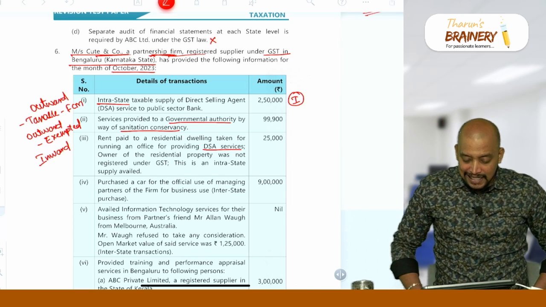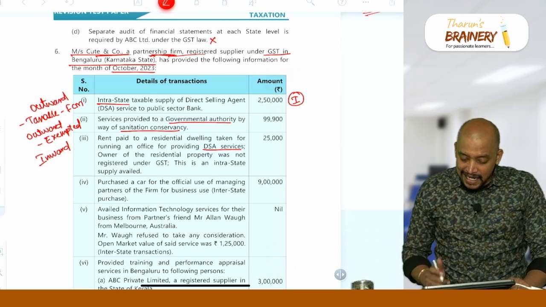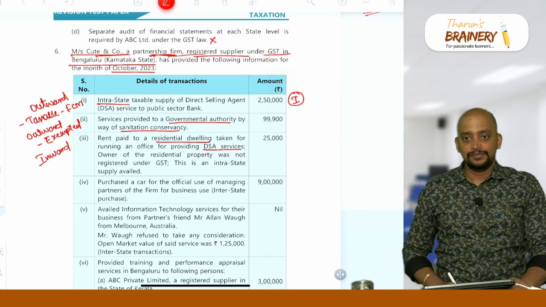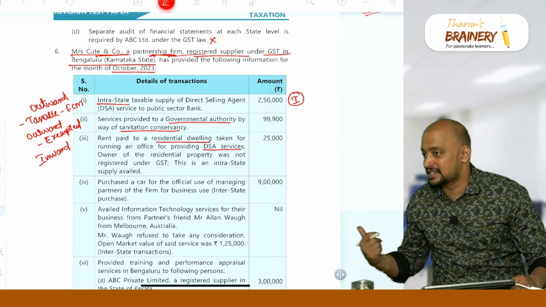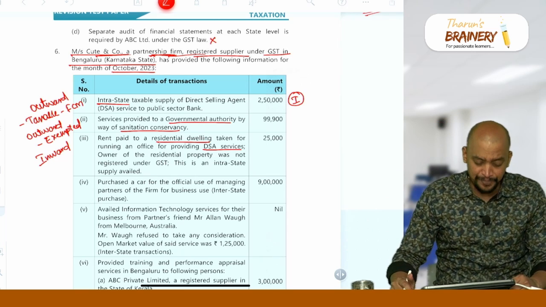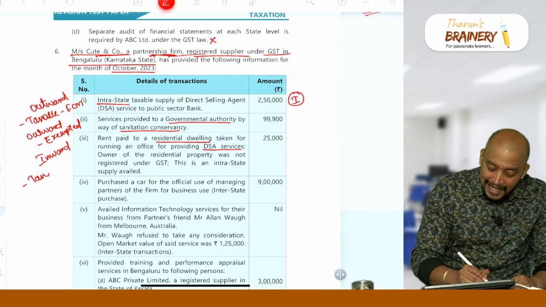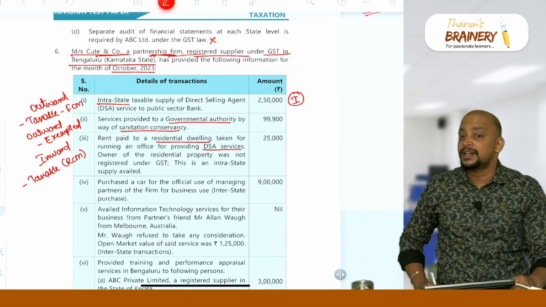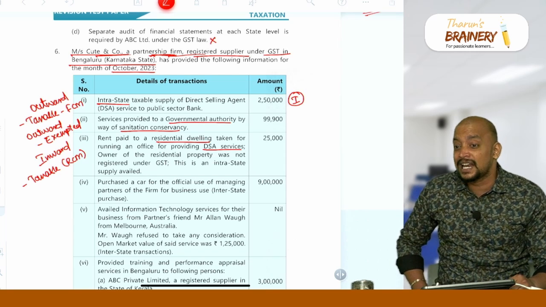This is an intra-state supply. Now, the residential property is taken on rent by a registered person. For what? Family use? No, business purpose, for providing direct selling agent services. Therefore, it will be taxable under RCM, not FCM.